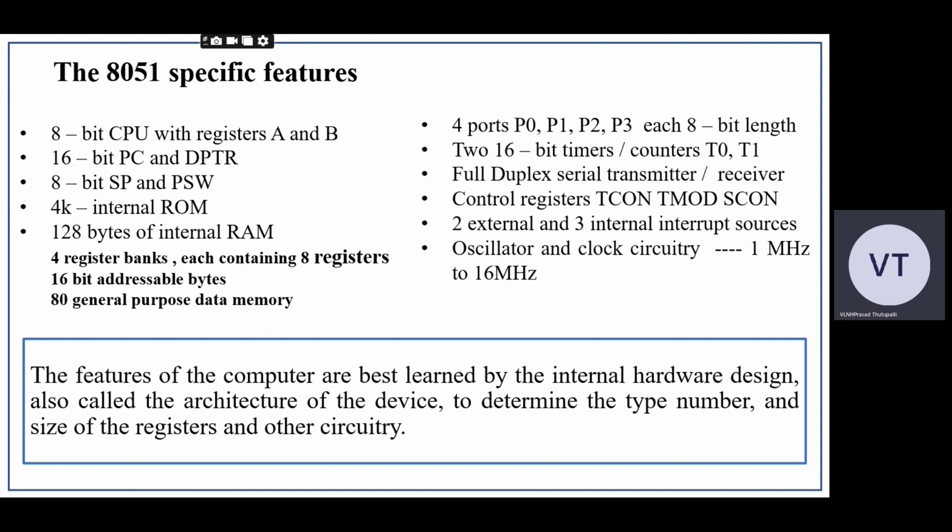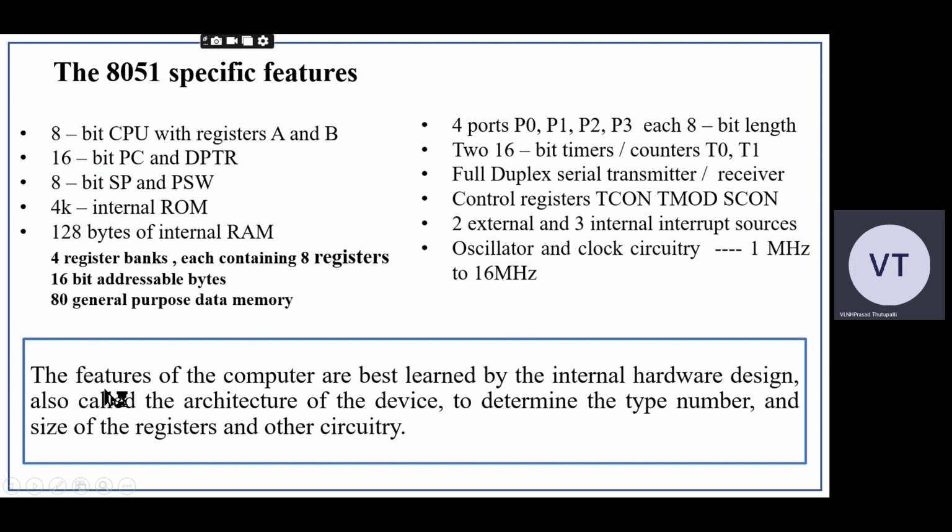The clock is a very important signal which should be supplied to the microcontroller. The range of clock frequencies you can apply is from 1 megahertz to 16 megahertz. Typically, we use a clock frequency of 11.0592 megahertz. So these are the features.